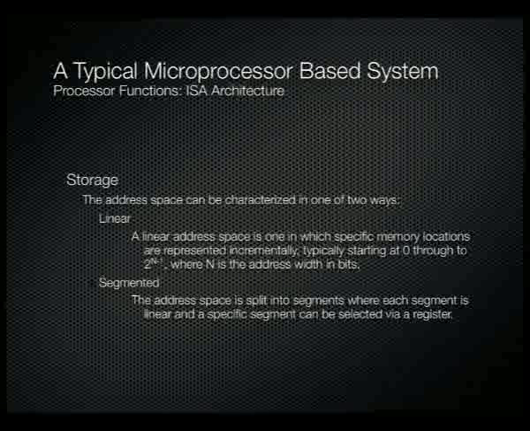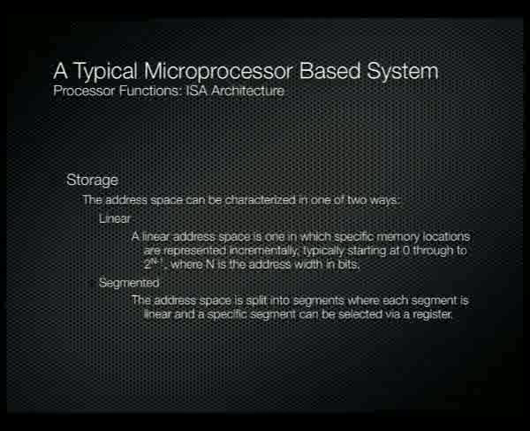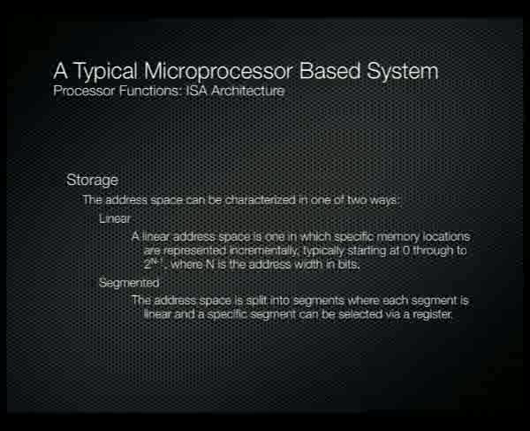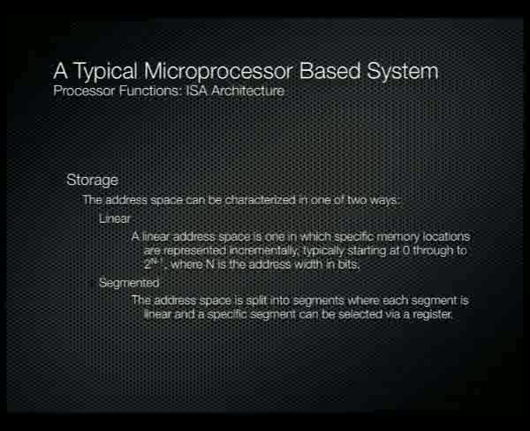We have 512K of flash on this processor, which we can't see inside a 16-bit address space, so we use a segmented address space, and using the flash window we can point that window to any 16K page inside that flash that we want. So we have a combination of both linear and segmented on our processor.